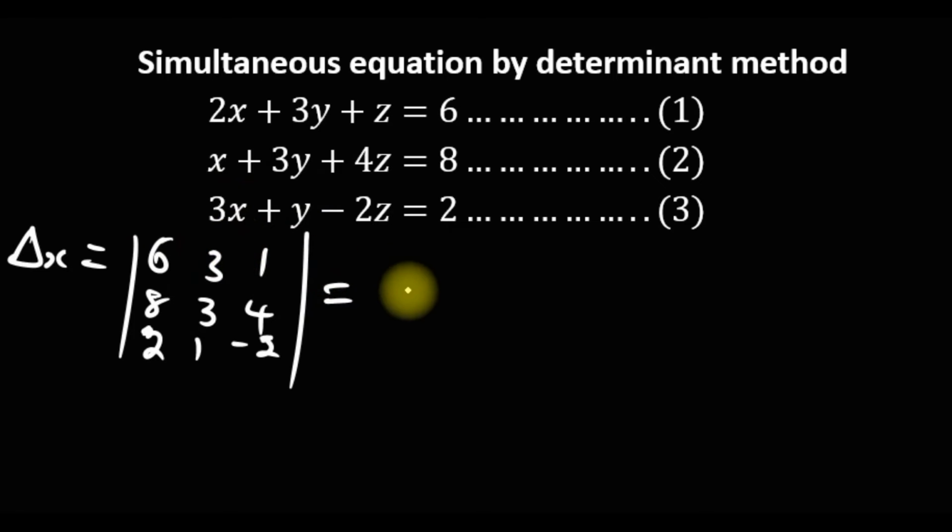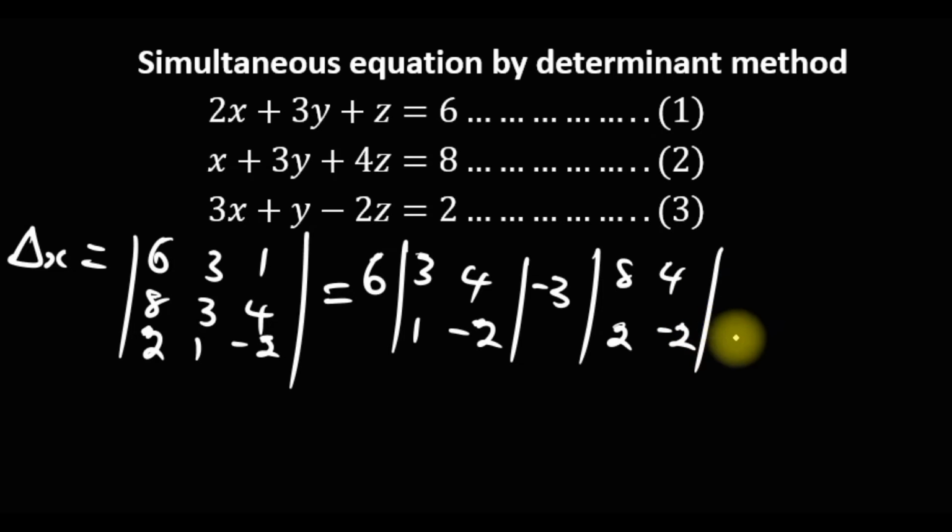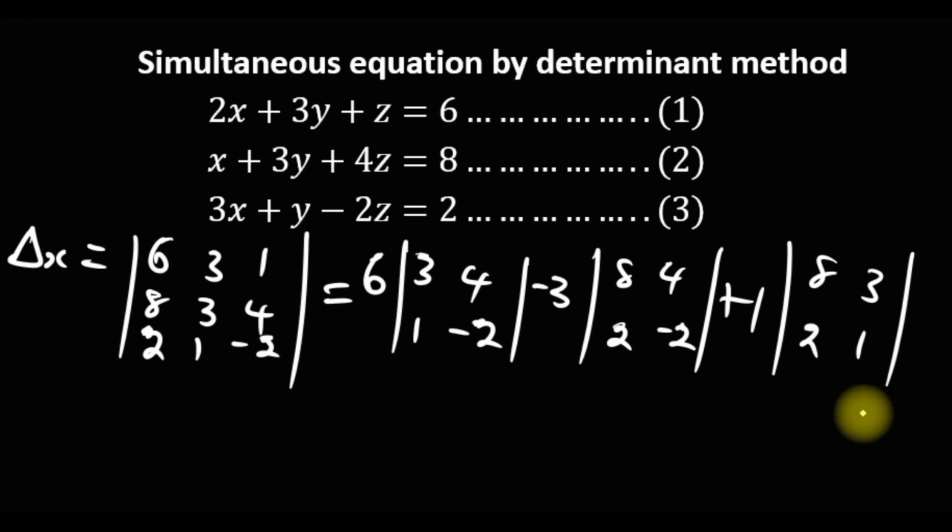I'm using the first row. So 6 times the determinant of 3, 4, 1, minus 2, minus 3 times the determinant of 8, 4, 2, minus 2, finally plus 1 times the determinant of 8, 3, 2, 1.